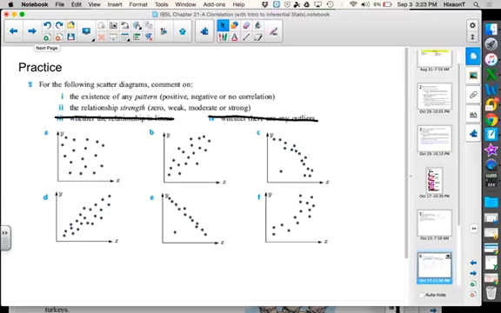And then, is it zero, weak, moderate, or strong? Take a minute here to try to classify these. Just write them down real quick.